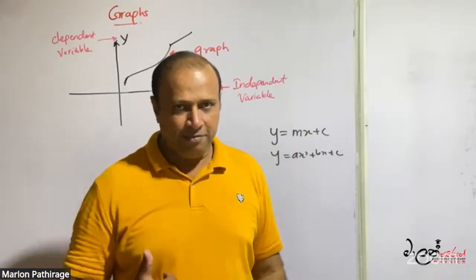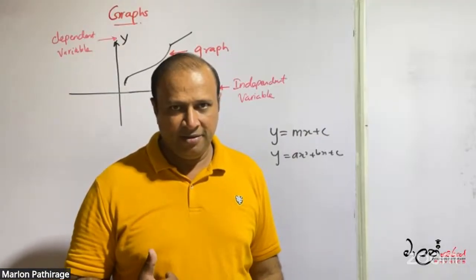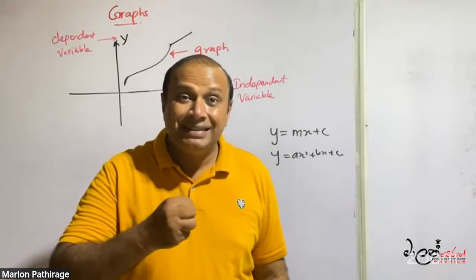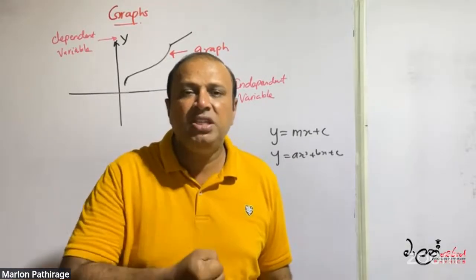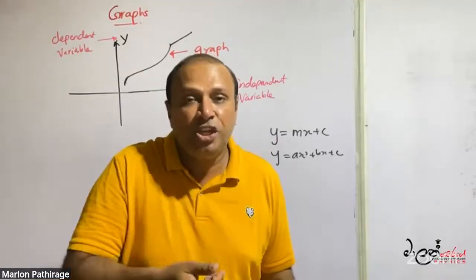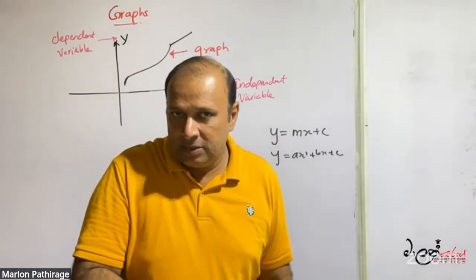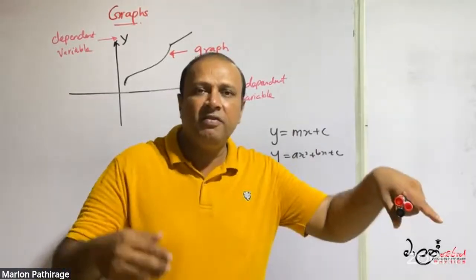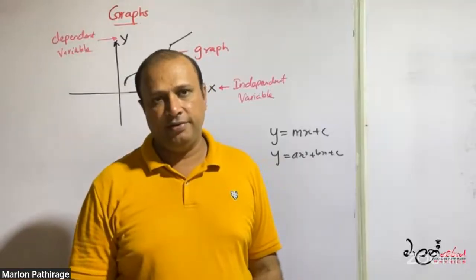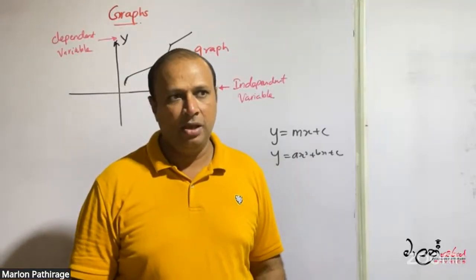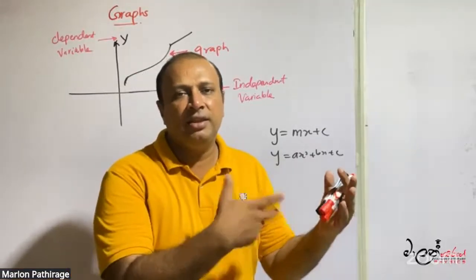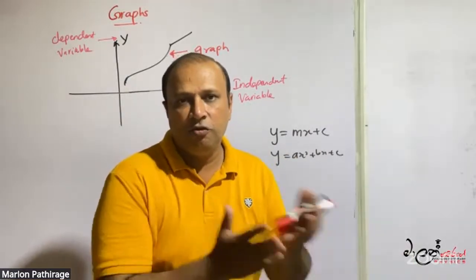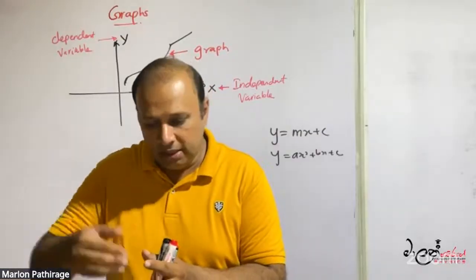One out of the two variables can be changed by us. According to the change in that variable, the second variable will vary. That means we cannot change the second variable directly; we can change only the first variable.